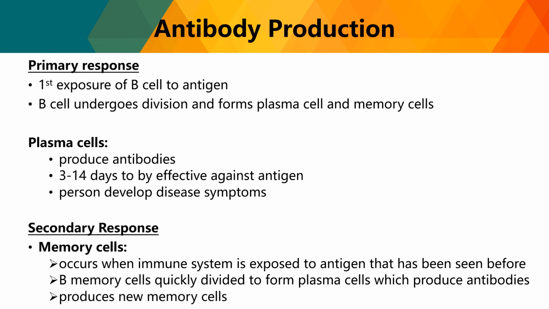And then we have the secondary response, wherein memory cells are found, which occurs when the immune system is exposed to an antigen that has been seen before, and B memory cells quickly divide to form plasma cells which produce antibodies. So in here also is the time wherein you produce new memory cells.